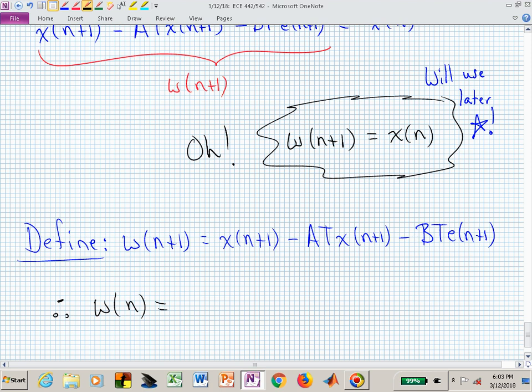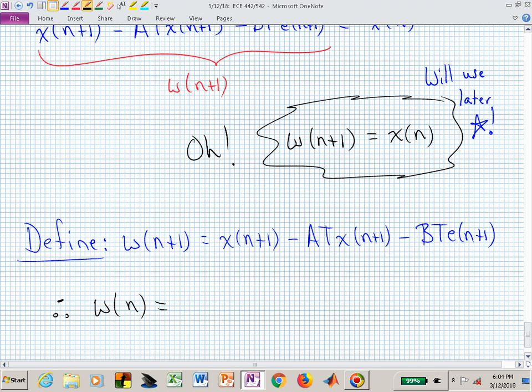We've done this before. If we had a linear difference equation, we could change the arguments of those indices by however many values we wanted, as long as we were consistent with how we changed them in every argument. What have I done between W of n plus 1 and W of n? I've just dropped a 1 in my argument.